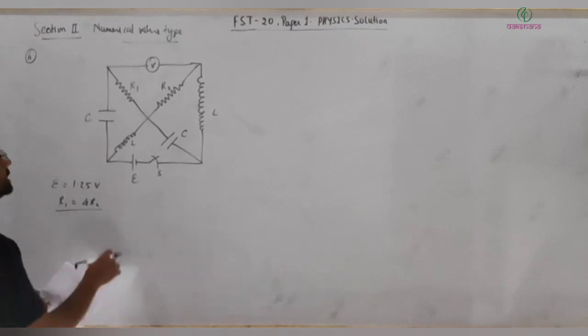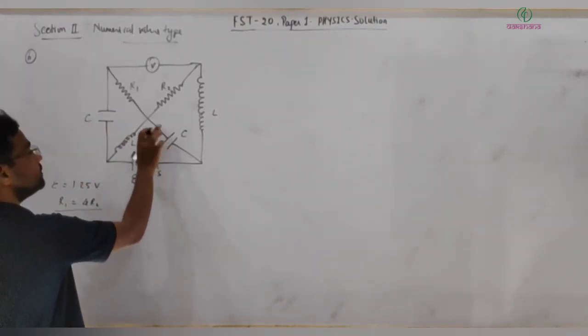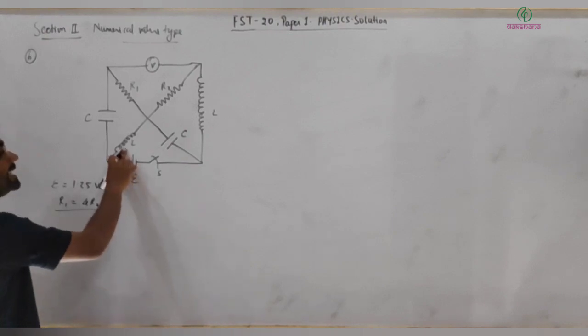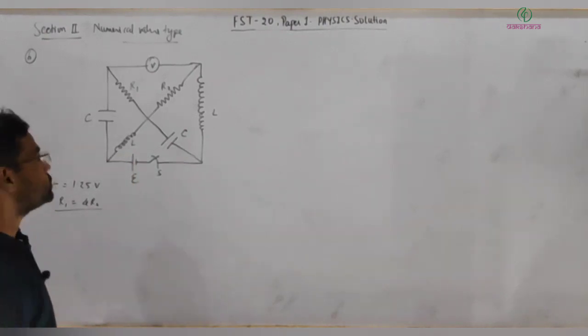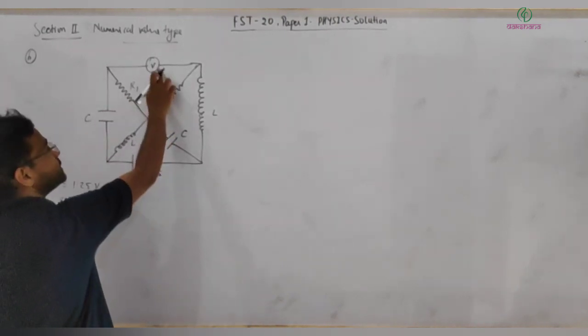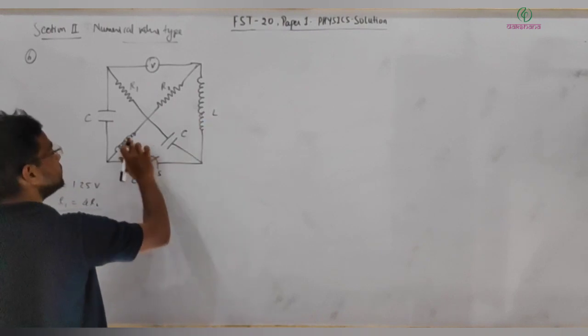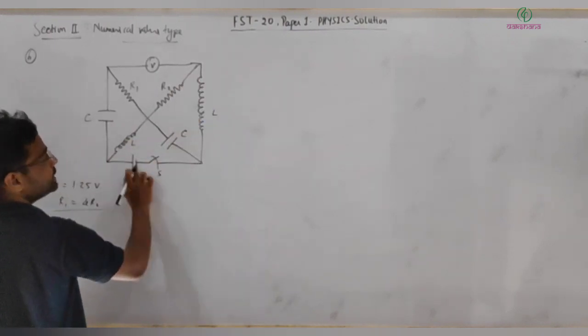First thing is, in steady state the capacitors are fully charged, so there will be no current across them, it will be completely blocked. Inductors will act like simple wires, so now you can see there will be no current in this arm because of infinite resistance, and it will be a simple wire, so current will be flowing only in this arm.